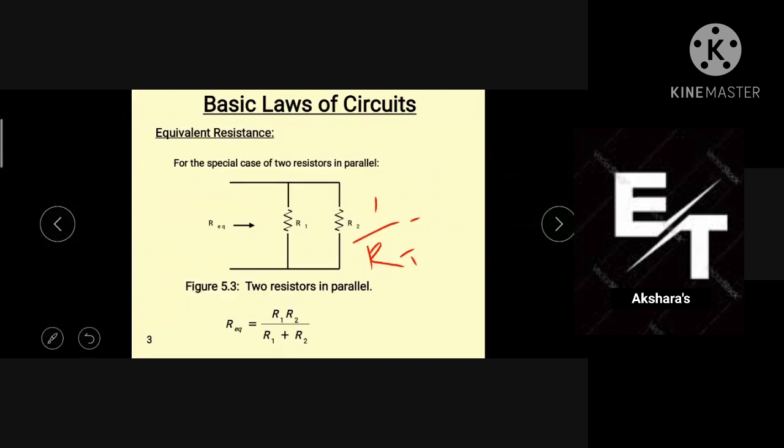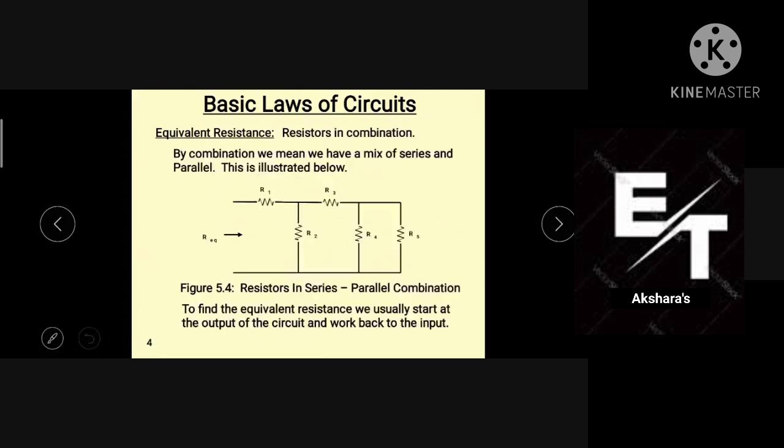Now coming to problems. This is a combination of series connection and parallel connection. By using this circuit diagram, you have to write the total value. What is the total value of resistors?